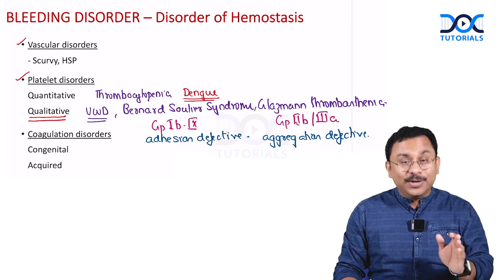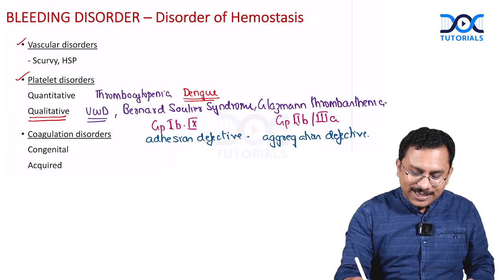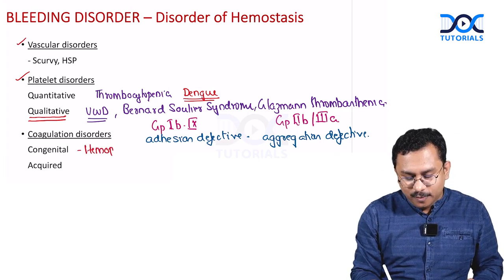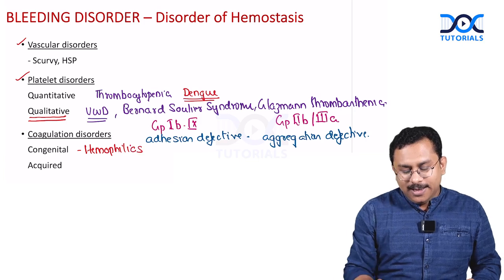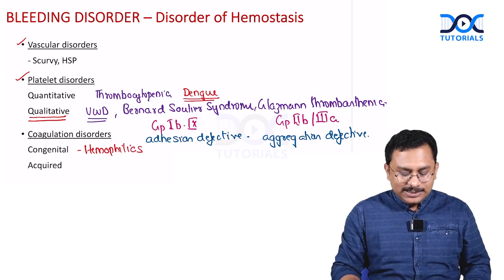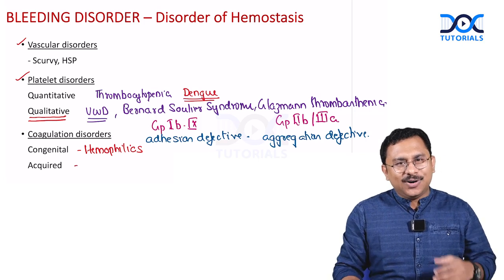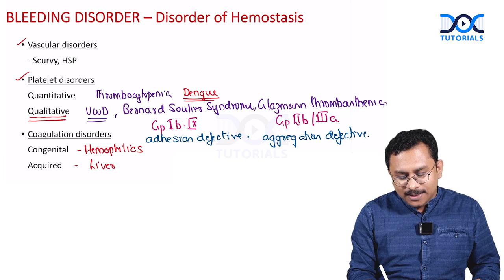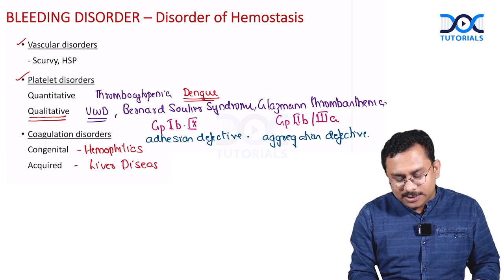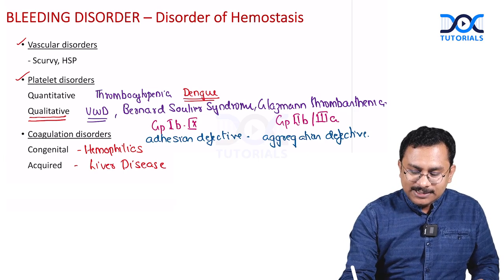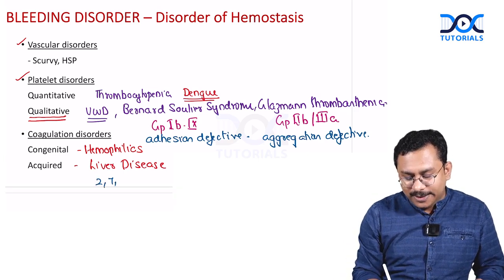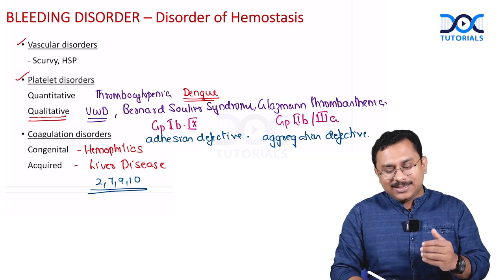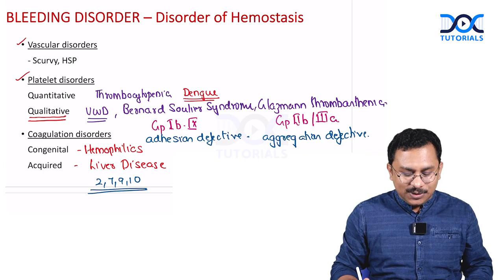Then coming to the coagulation disorders, which can be congenital, for example, the various hemophilias: hemophilia A, hemophilia B, hemophilia C. Then acquired coagulation disorders, multiple examples are there. I'm just giving you an example of liver disease. Patients with liver cirrhosis, especially in the decompensated stage, since the liver is important for clotting factors 2, 7, 9, 10, can have a defect in the production of these clotting factors, resulting in a coagulation disorder.